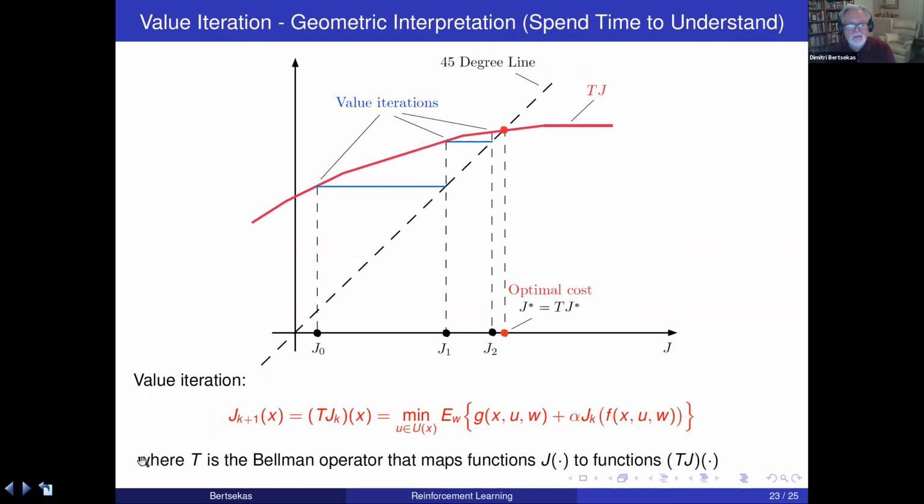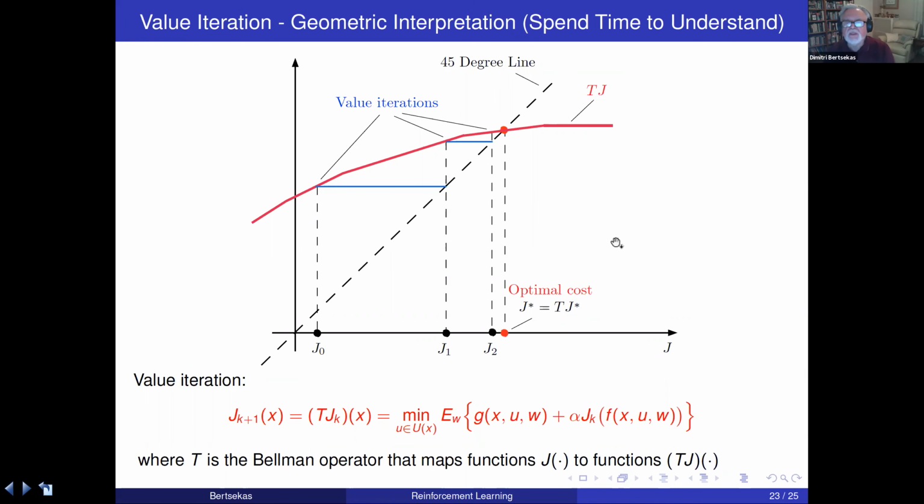It has this form with T being the Bellman operator that maps functions J into functions T sub J. And that's not so hard to understand. I think you're getting the drift of it. I'm sure you remember the linear quadratic example, where value iteration was again obtained by a fixed point calculation.